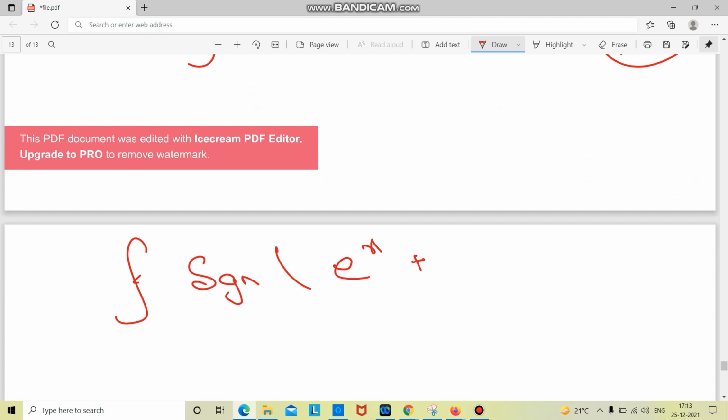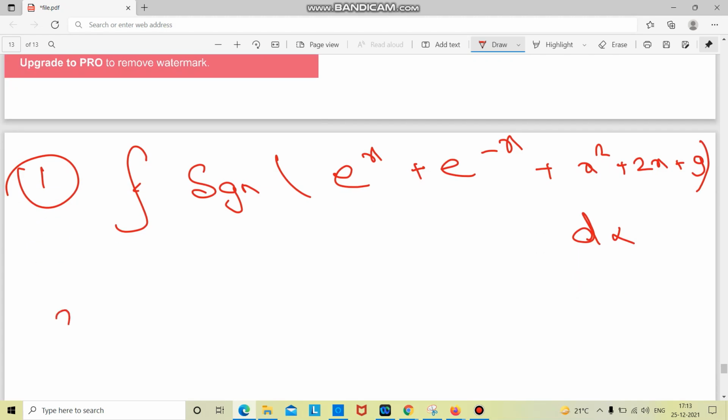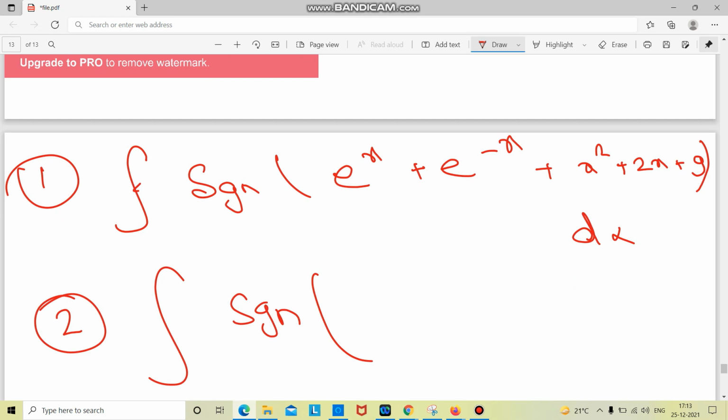Integral of signum of e to the power x plus e to the power minus x plus x square plus 2x plus 9 dx. You have to find this. This is the first question. We will take one more.